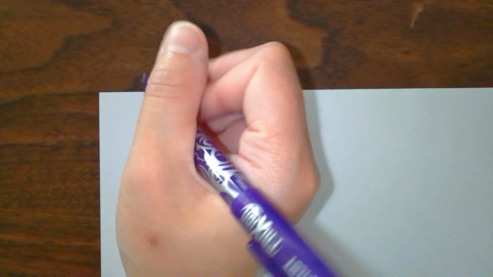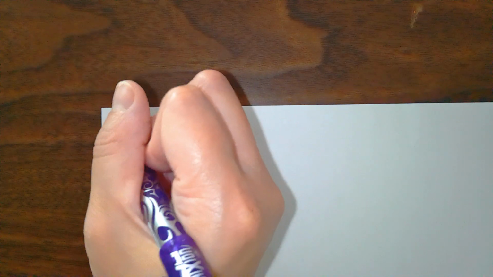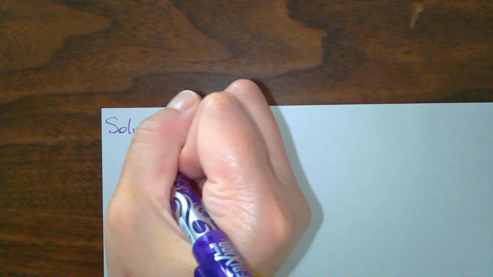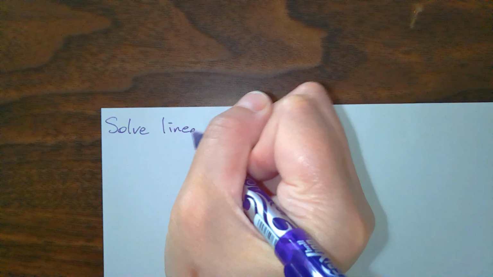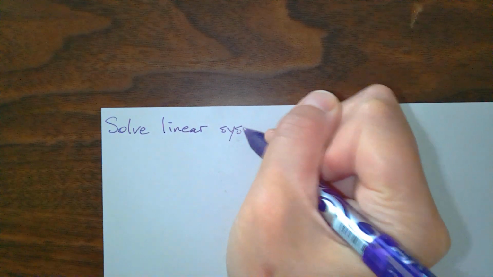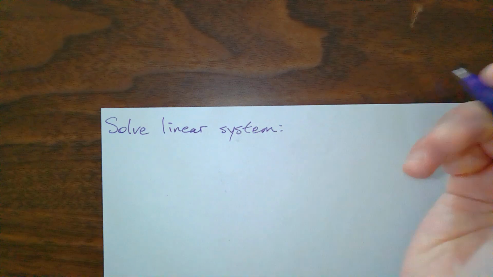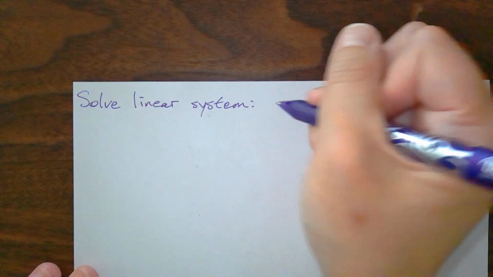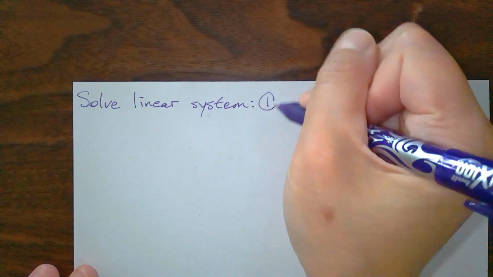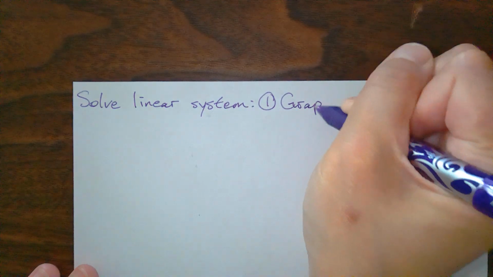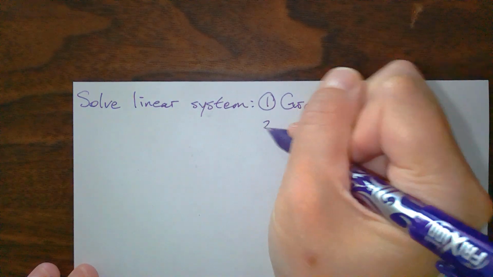Okay, so those are the formulas. Now, in terms of the methods, when you want to solve a linear system, what are the 3 methods? Sydney. Graphing, substitution, and elimination.